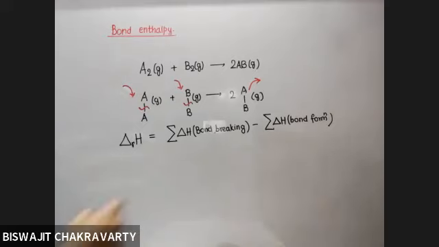So when all these energies are put in, that gives us the idea whether the net resultant will be negative or positive. If the subtraction of these two comes out to be a positive value, can we say that the energy required in breaking the bonds is more than the energy released when bonds are formed?